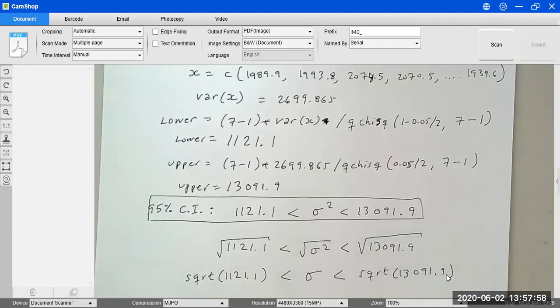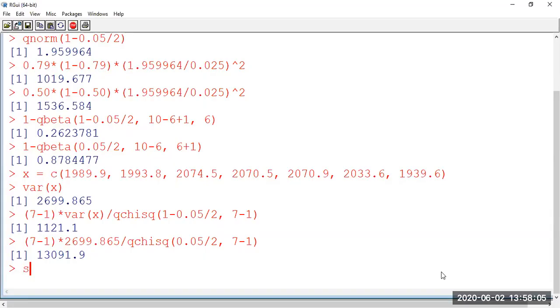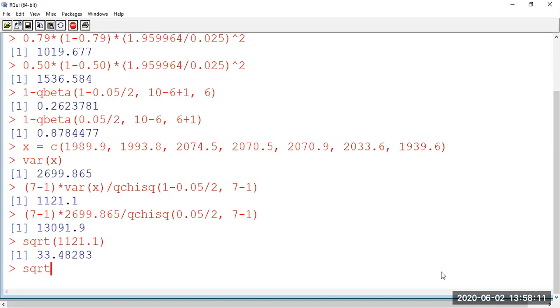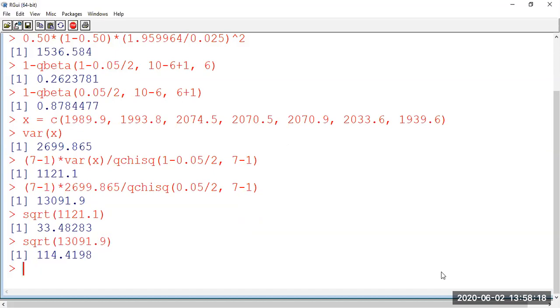So let's see what values we get by taking the square root on both sides. Or you can use your calculator too. So I'm going to use square root of 1121.1 and square root of 13,091.9. So those are now, one is the lower limit for the standard deviation, and the other one is the upper limit for the standard deviation.